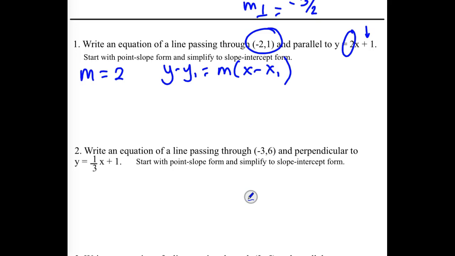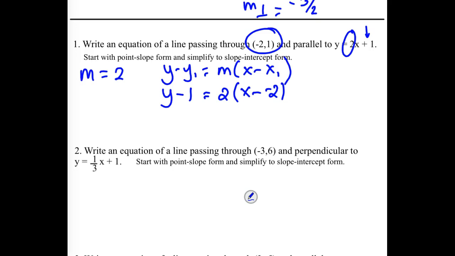We know our slope is supposed to be a 2. And then we're going to dump in our ordered pair -2, 1. So our y-coordinate is a 1, y minus 1. Our x-coordinate is a -2, so we're subtracting a -2, which really means we're adding 2. That is the equation in point slope form.